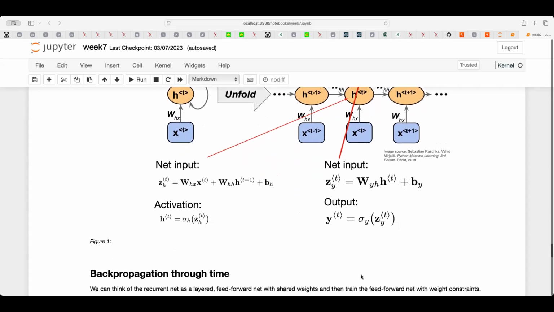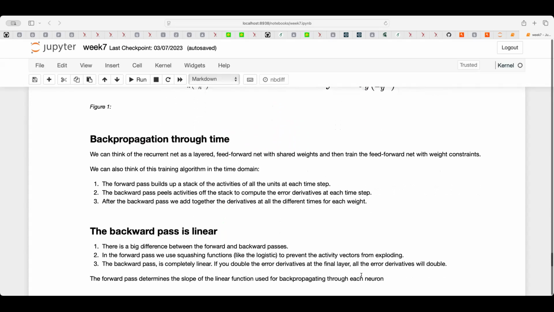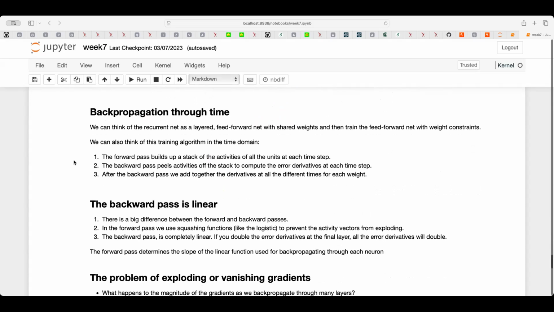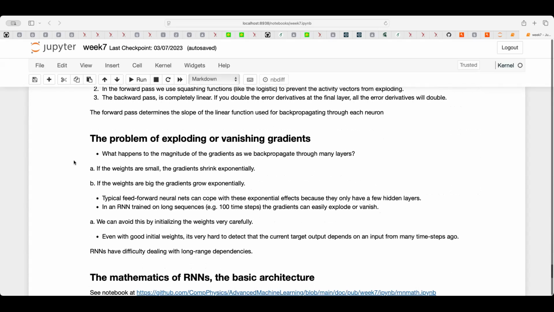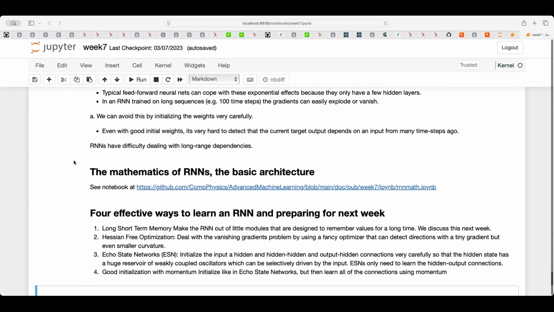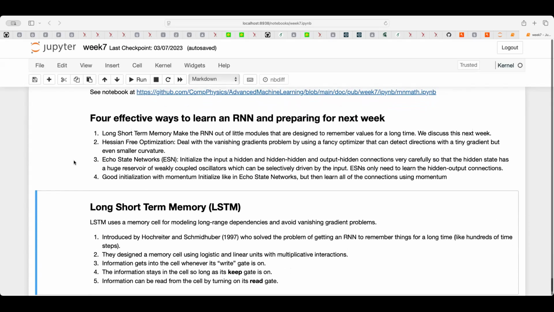Okay, so this is basically what we want to do, and the basic algorithm is called back propagation through time. One of the problems which we discussed last week was the problem of exploding gradients. I'm not going to repeat everything here, but I wanted to point a little to what we will do next week as well.